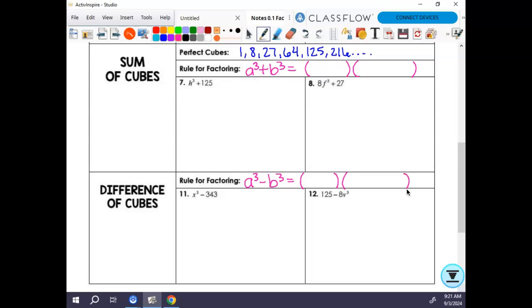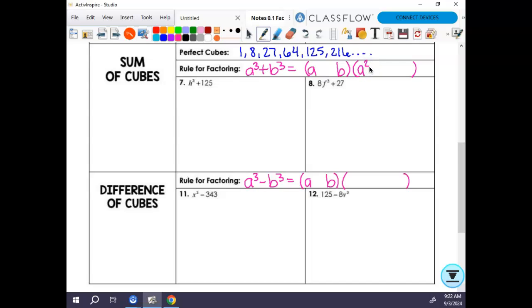So we'll talk about the signs last. When I want to come up with this binomial, kind of just like what we did for the squares, I'm going to take the cube root of a cubed, so that gives me a, the cube root of b cubed, and that gives me b. That's true for both of them, so fill it in for both of them. Then, when we move to the trinomial part, I'm going to take this first one, which is a, and I square it, so I get a squared.